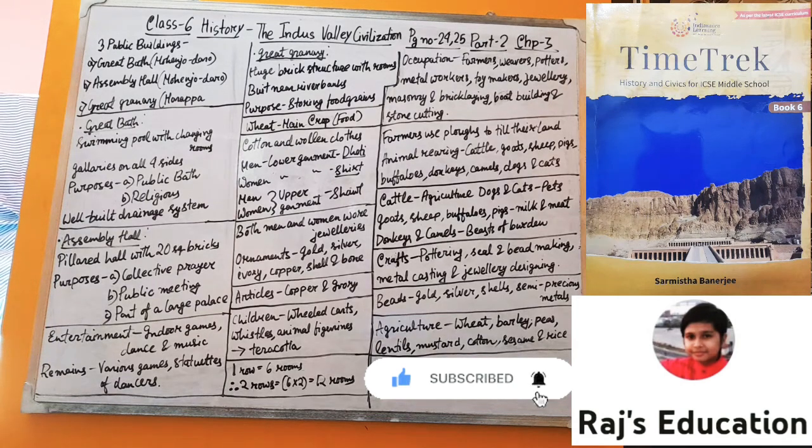So the fertile soil and the Indus River ensured a lot of crops for the Indus Valley people.